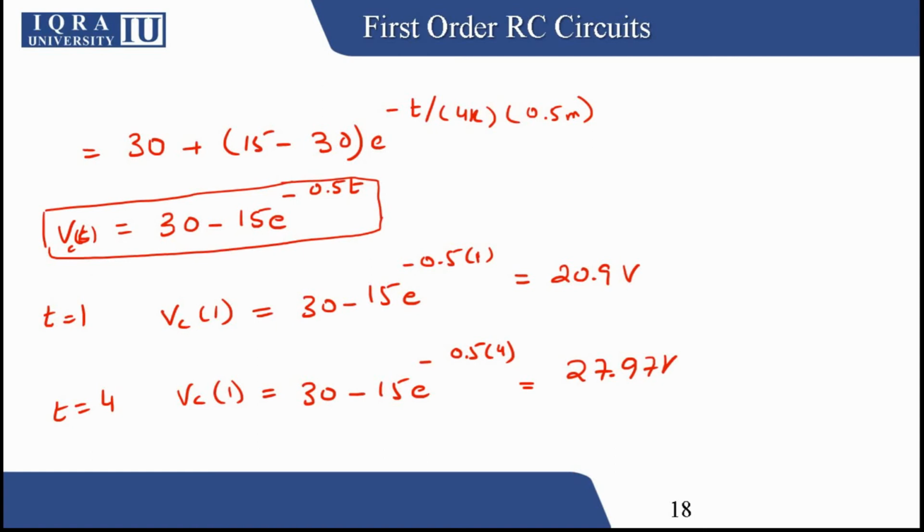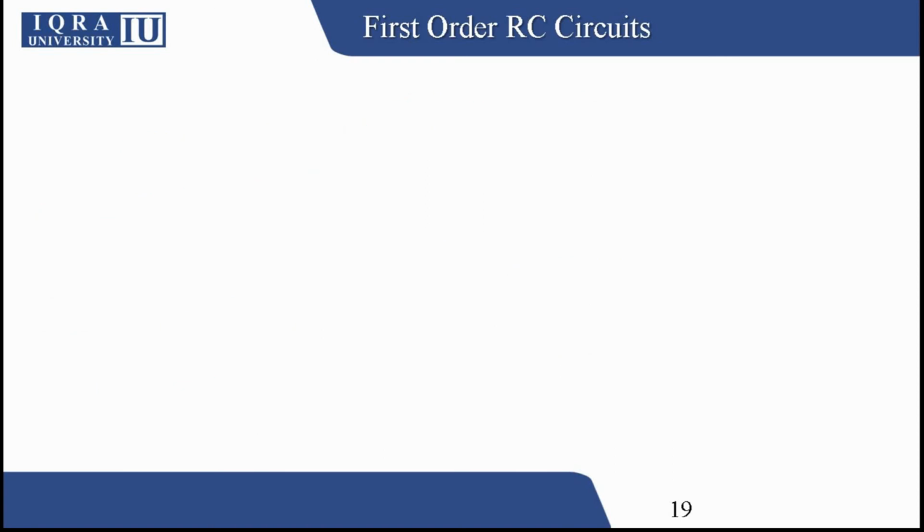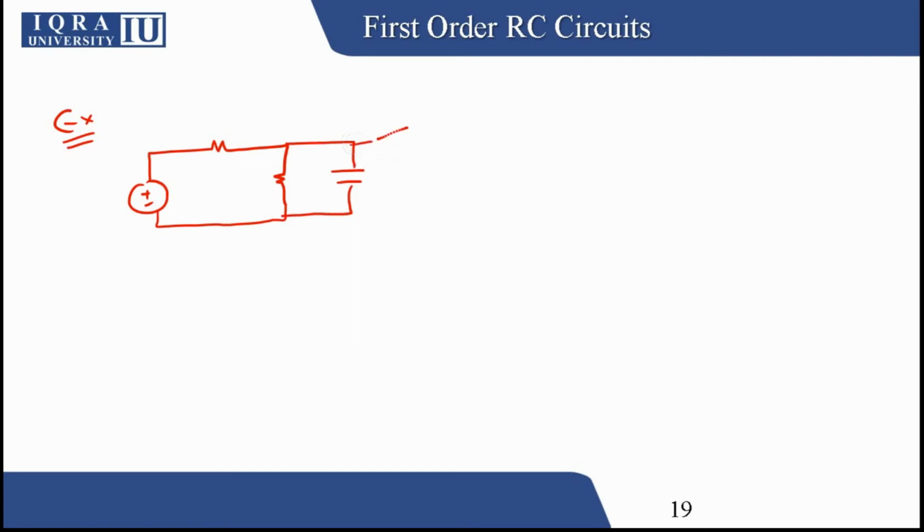Let's take another example. We have one resistor, 10 ohms, 20 ohms. We have the capacitor, we have a switch, and 10 volts.